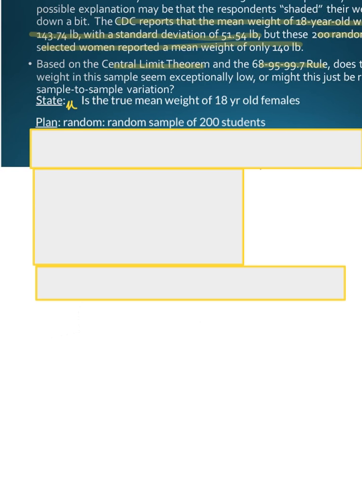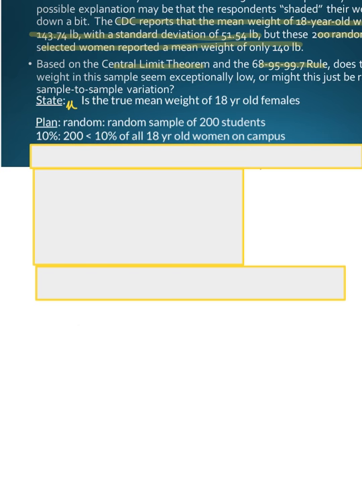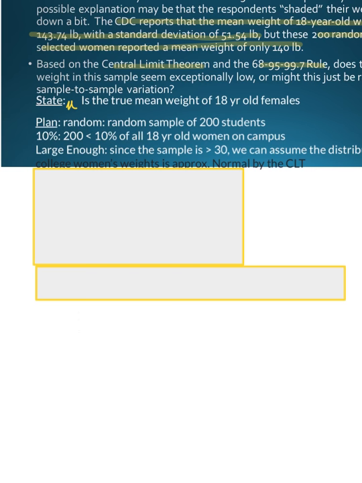So I like to state exactly what it said in the context. The 10% condition, just like with proportions: 200 has to be less than 10% of all 18-year-old women on this campus. And then last but not least, large enough.